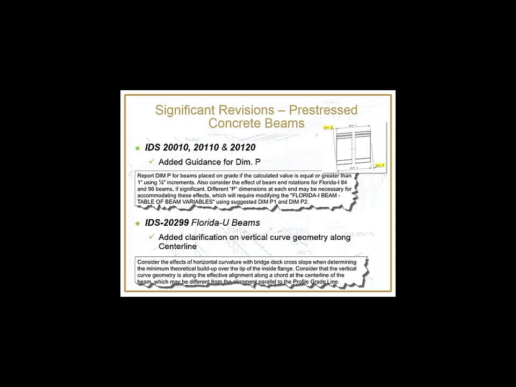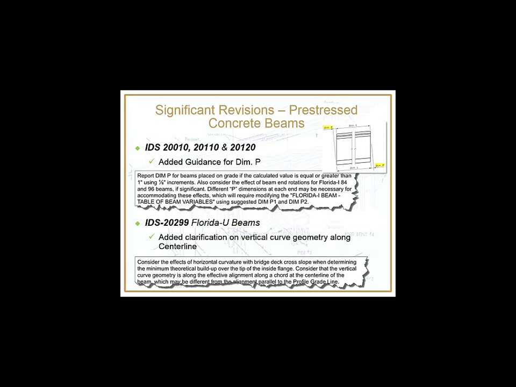So pre-stressed beams, under the instructions, the dimension P, which is really the measurement of the horizontal offset of the top of the beam from the bottom of the beam when you have a beam on grade. We require the designer to bevel the forms at the end of the pre-stressed beam in the bed.